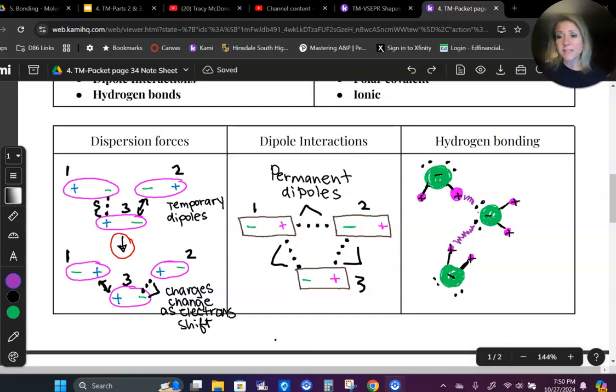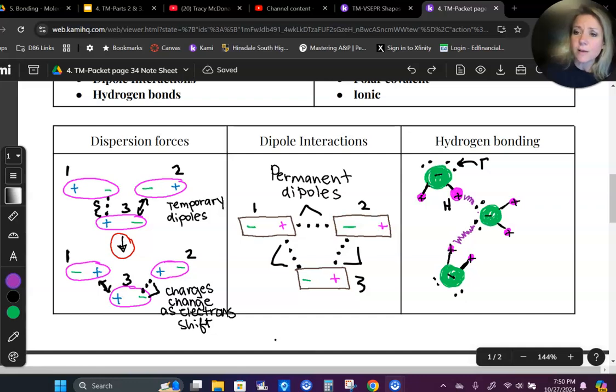Our last and strongest type of intermolecular bond isn't really a bond at all. It's more of an attraction. They call it hydrogen bonding, though. And this is going to occur on a molecule where you have a hydrogen that is attached to a very electronegative atom.